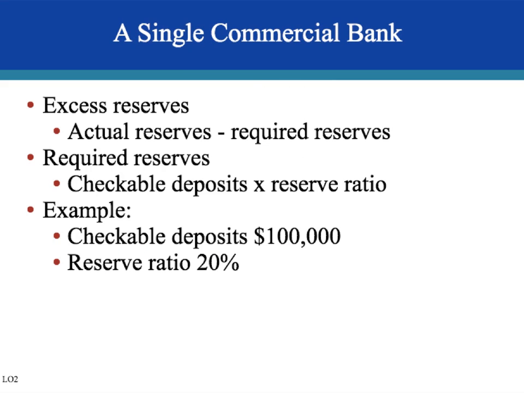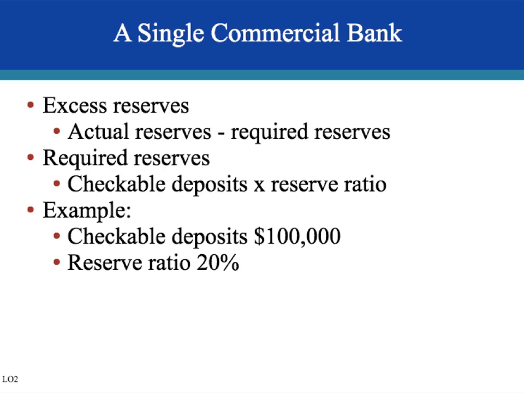Okay, so excess reserves are actual reserves minus required reserves. And required reserves is the reserve ratio multiplied by checkable deposits. In this example, the checkable deposits are $100,000, and let's assume the reserve ratio is 20%. So required reserves would be $100,000 times 20%, which is $20,000.